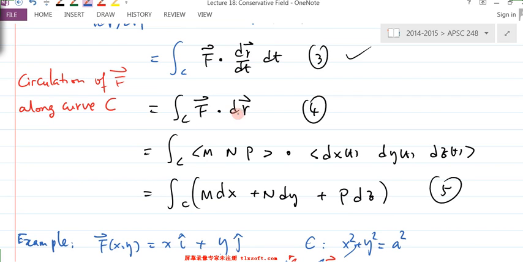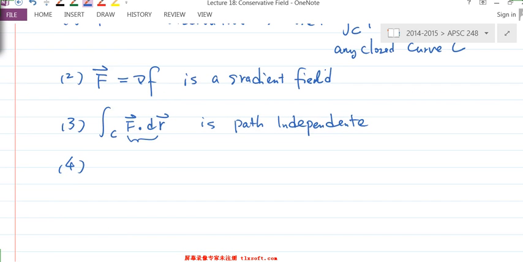It is equal to this: M dx plus N dy plus P dz. This is f dot dr.